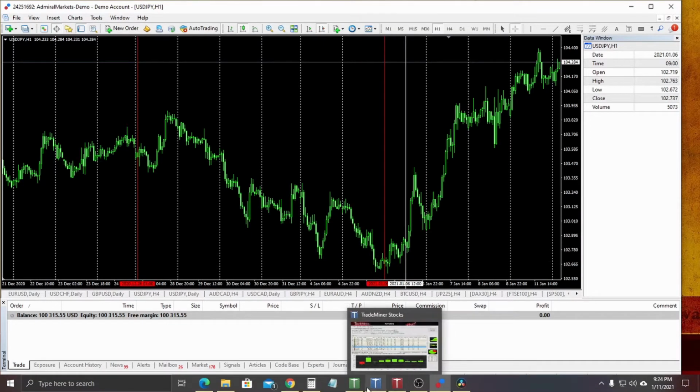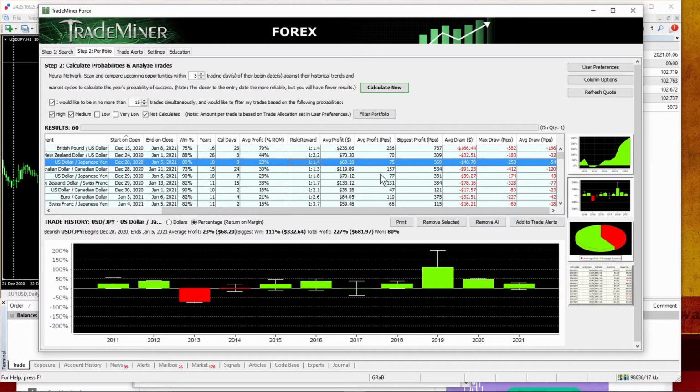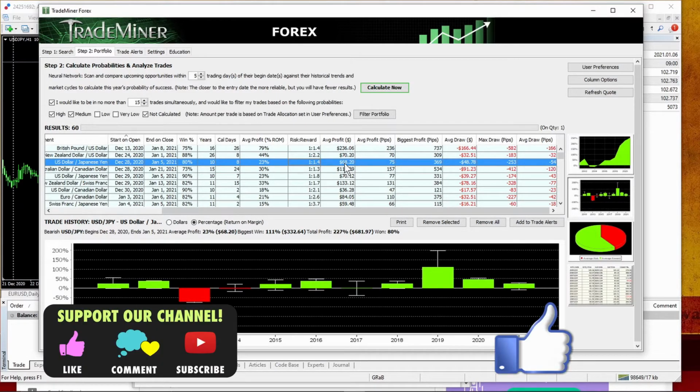So that's something that you could basically do. The average amount of pips that this trade is going to make, the average profit, is about 68. So depending on if you want to take this trade, you would put your stop at the 153 and you would expect about 68.